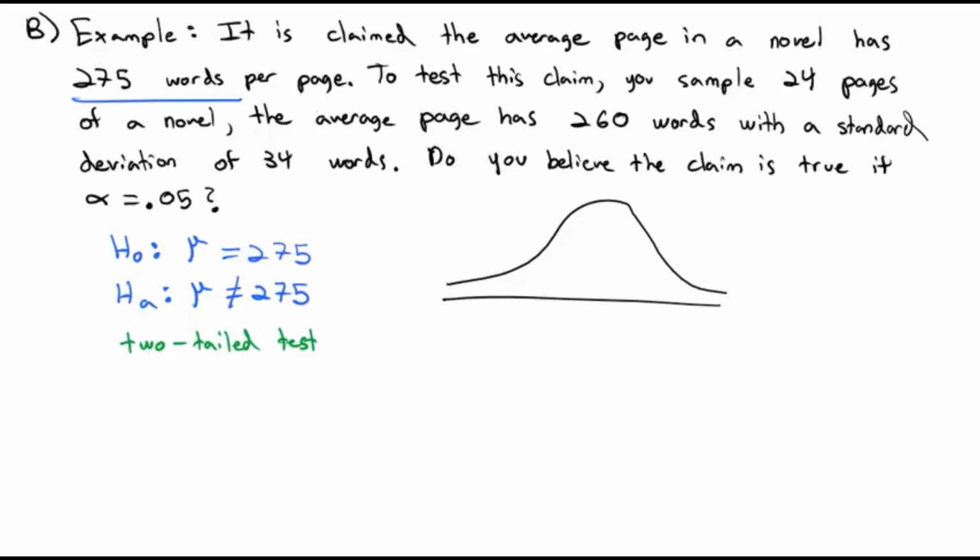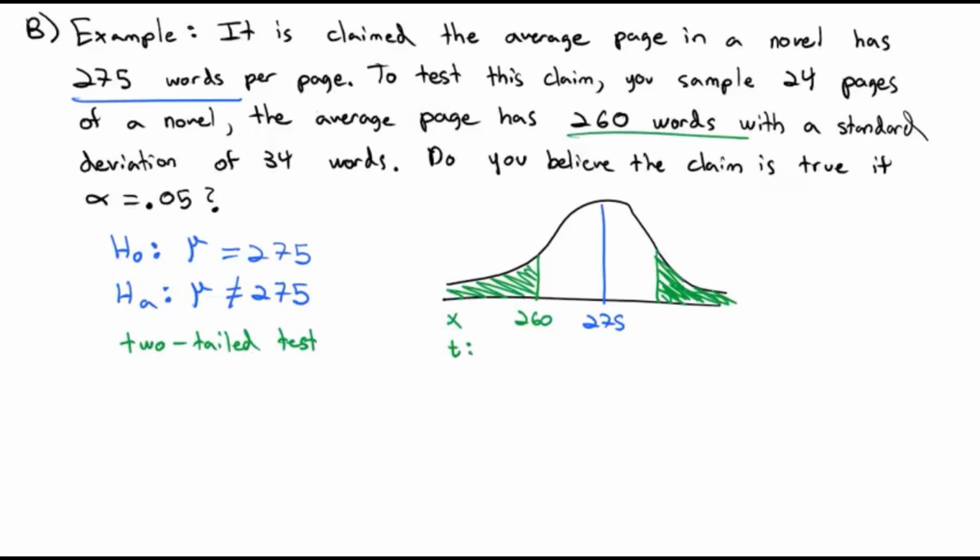Where we've got our normal distribution, the hypothesized mean of 275 is in the middle, but it actually turned out to be 260, which is less than it. But because this is a two-tailed test, we're going to shade both sides. Those are our x values.